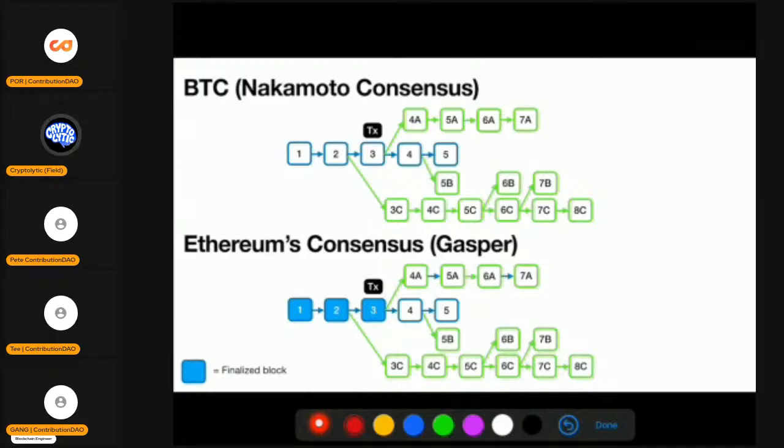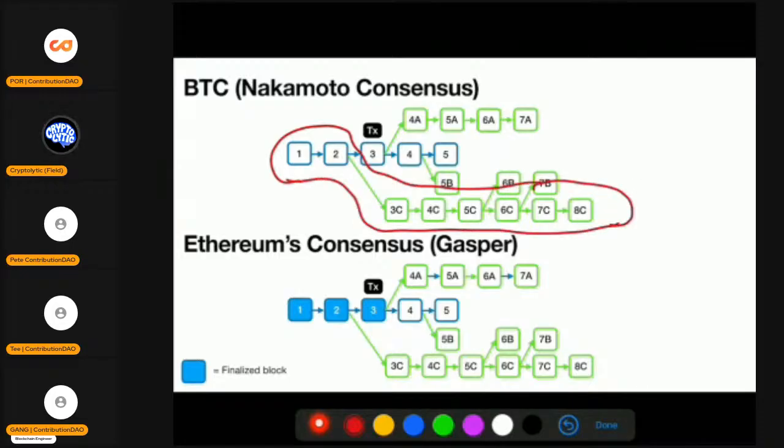So in Bitcoin, I show in the above picture, if you use the fork choice rule, the node in Bitcoin is going to choose the longest chain. So it's going to choose this one.